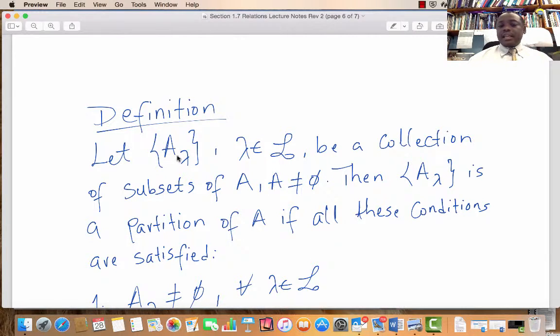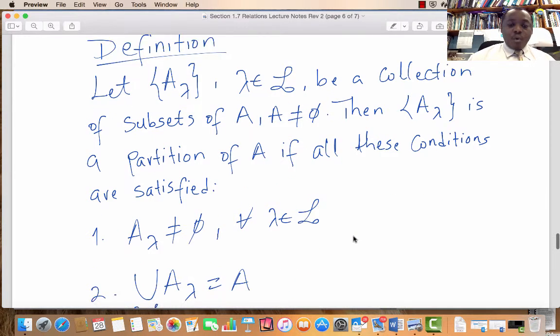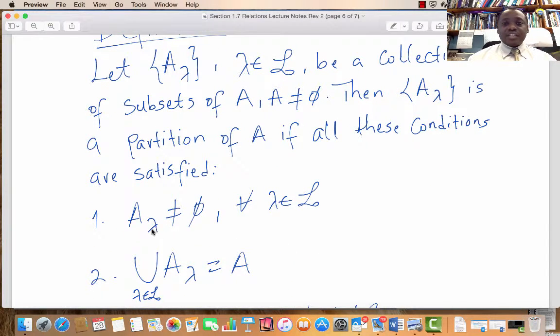Let the set A lambda, where lambda is from the indexing set L, be a collection of subsets of the non-empty set A. Then the set of all A lambdas is a partition of A if and only if the following conditions hold. Number 1, each of the A lambdas is non-empty.